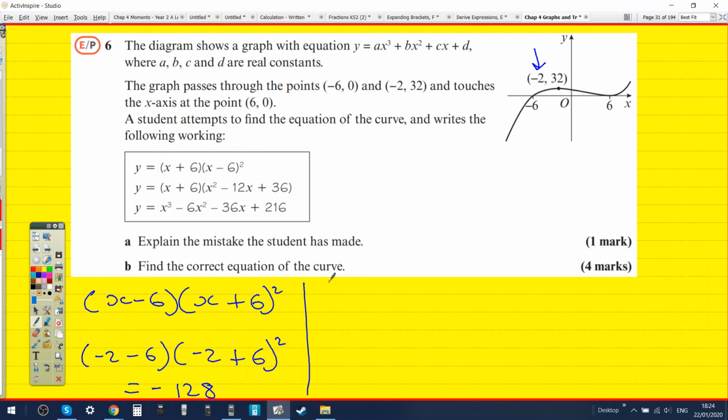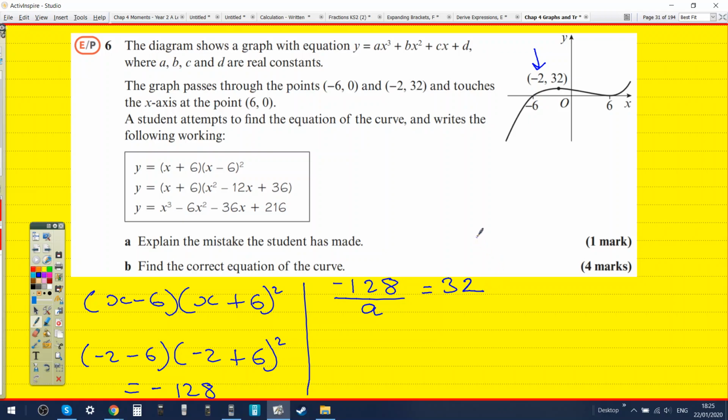So what do you do there? So we need to change one of the brackets. Sure. -128 over A gives you 32.